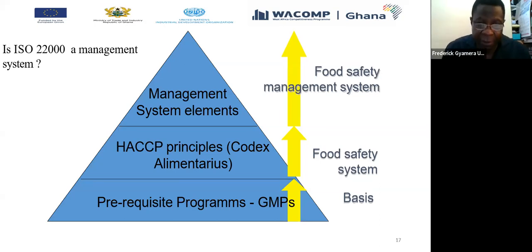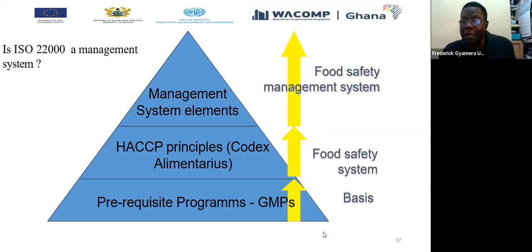Caution. Caution. If you apply everything that is stated here efficiently and effectively, two key words, not haphazard, in a certain logical sequence, then you arrive at a system which will meet the requirements of the ISO 22000 standard.